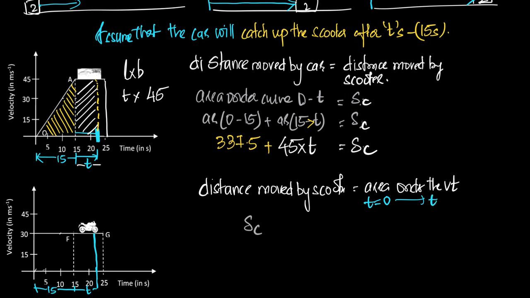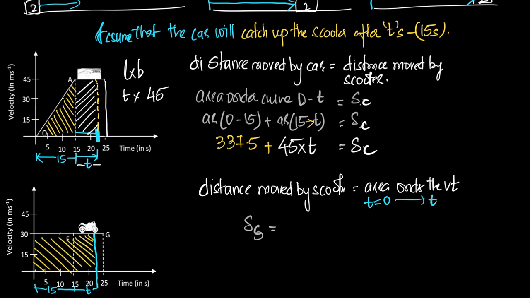So, distance moved by the scooter will be equal to area under the graph from 0 to 15 plus area under the graph from 15 to t, right? Okay, since this is a direct rectangle, we can actually calculate the area directly. How? I'll tell you. See, this is the required area we are talking about, right?